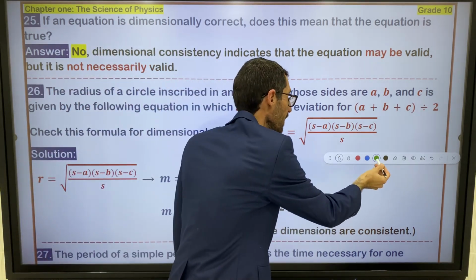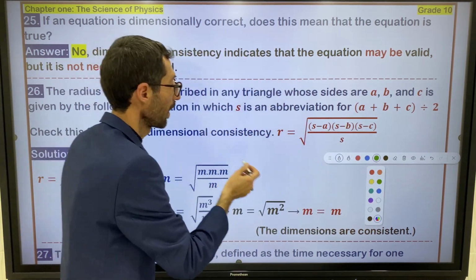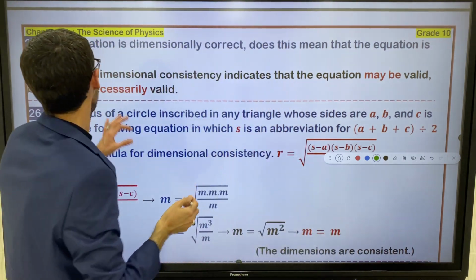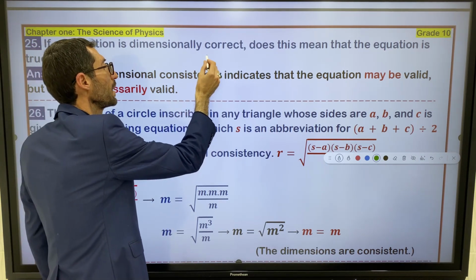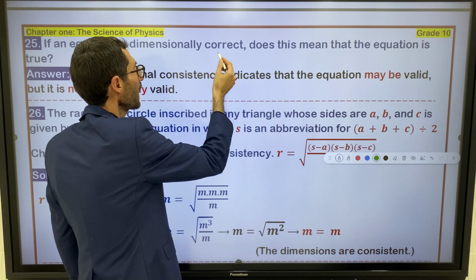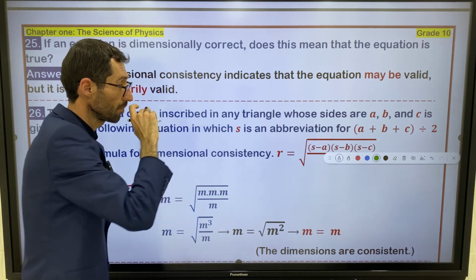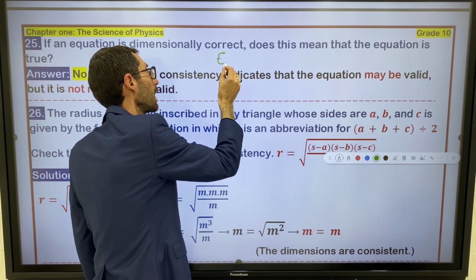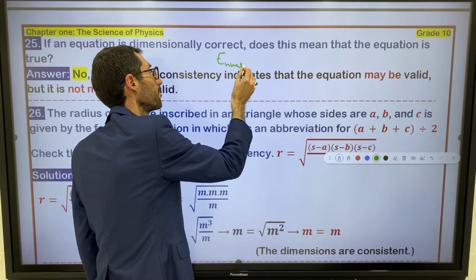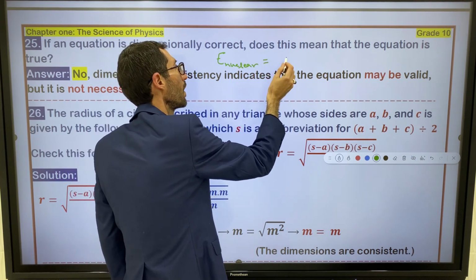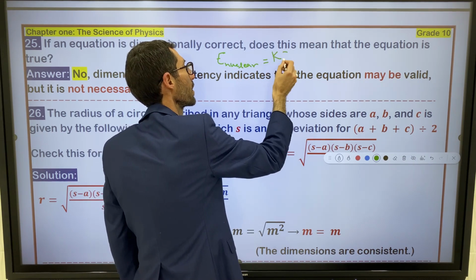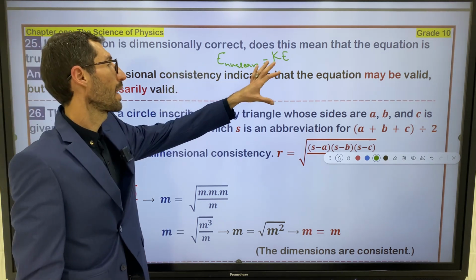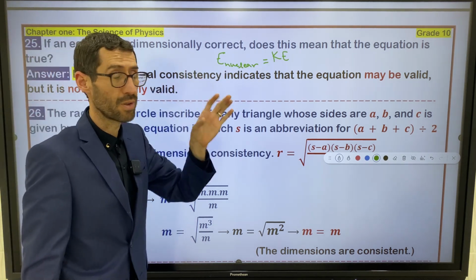I write an equation here: nuclear energy is equal to, for example, kinetic energy, right? Is this equation valid or not?